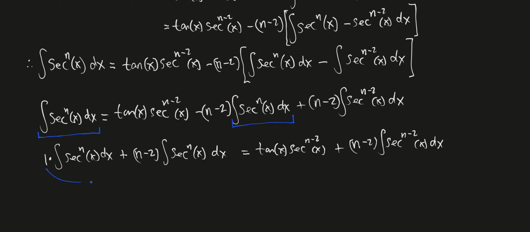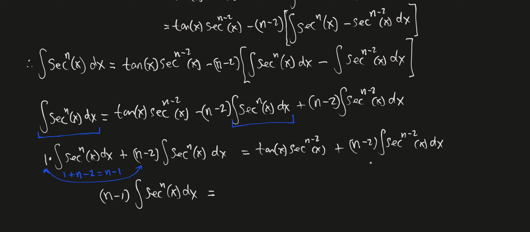So if I add these coefficients, 1 plus n minus 2, that's n minus 1. And that coefficient now is in front of the secant to the nth power integral. So I have n minus 1 times secant to the nth power, that antiderivative on that side.